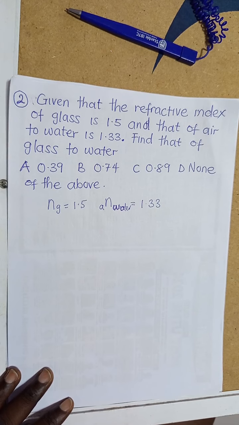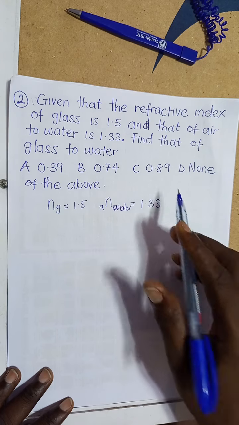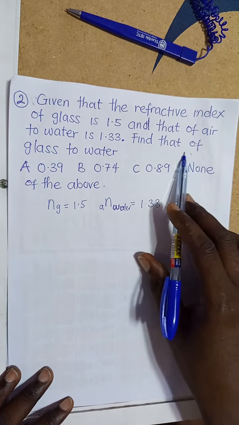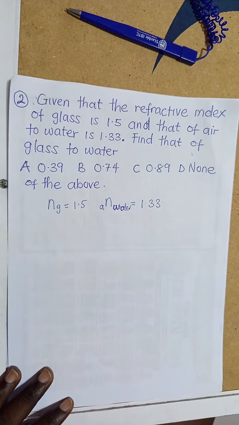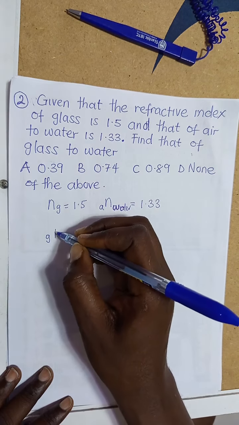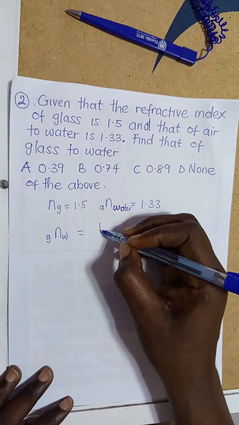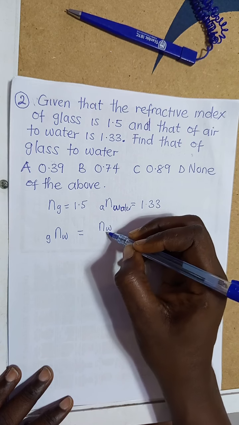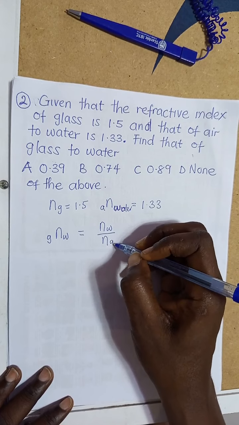Now we want to find that of glass to water. It simply means n water over n glass.